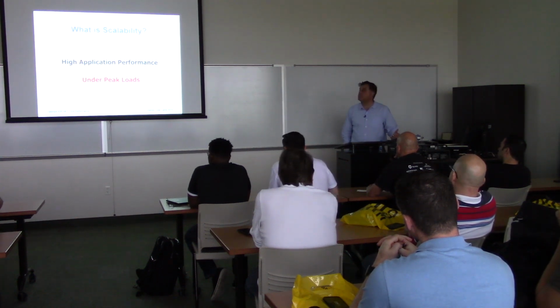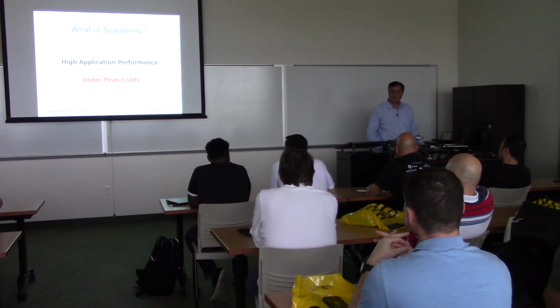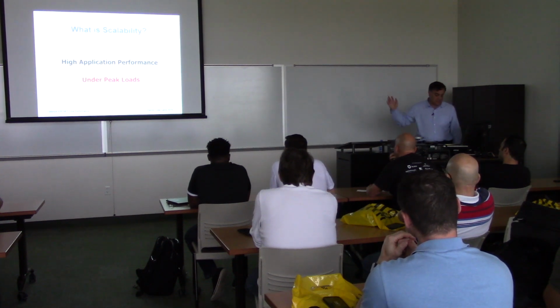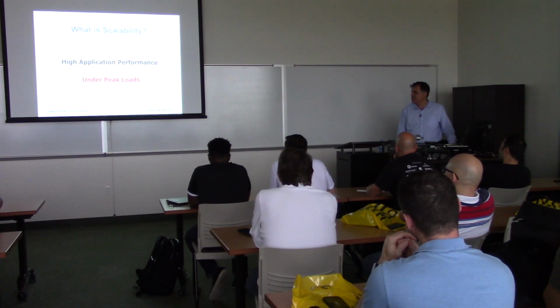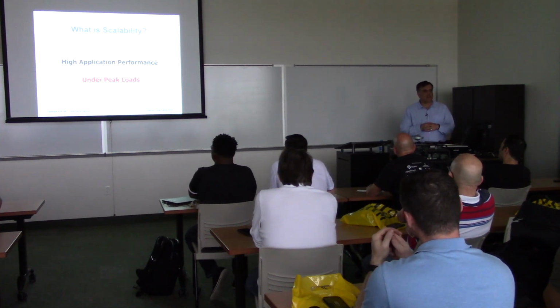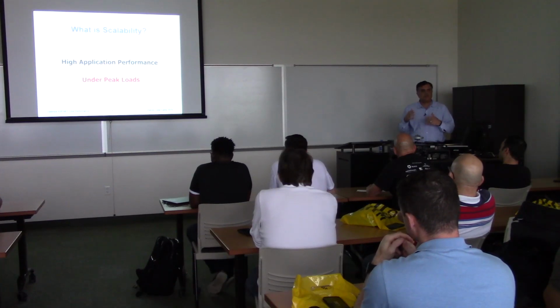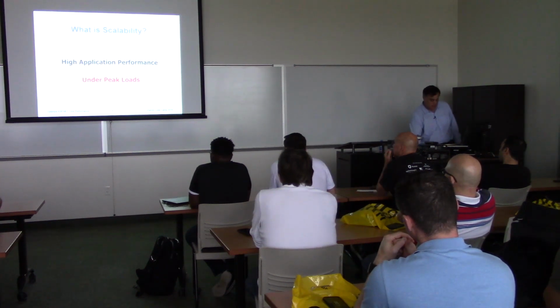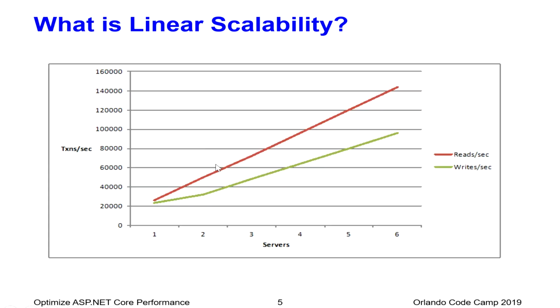If you cannot, then you're not scalable. If you don't have high performance with 5 users, then you have to go into other discussions about how you've written your code. But I'm assuming that your application is developed with good algorithms and a good approach, and it is a high performance application with 5 users. So how do you make it high performance under peak loads? If you can go from 5 to 5,000 to 50,000, that is called linear scalability.